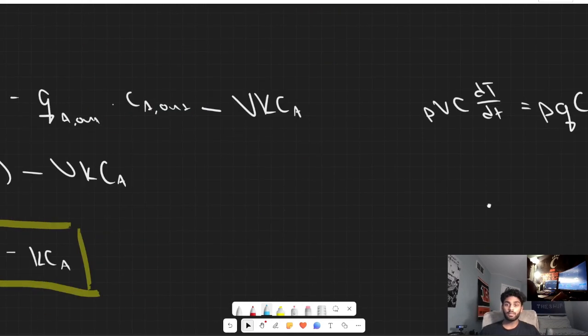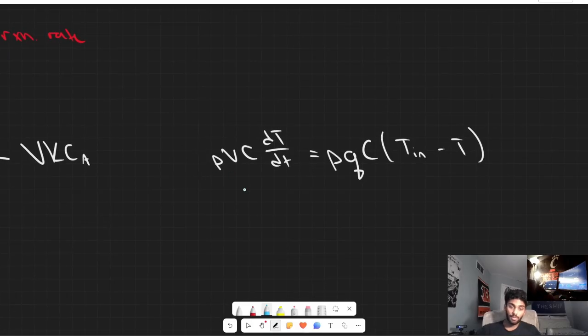And that energy is going to be defined by Newton's law of cooling, which is U, an overall heat transfer coefficient, A, the effective heat transfer area, times T minus TC. This T is the temperature of the process, and this TC is the temperature of the cooling water.